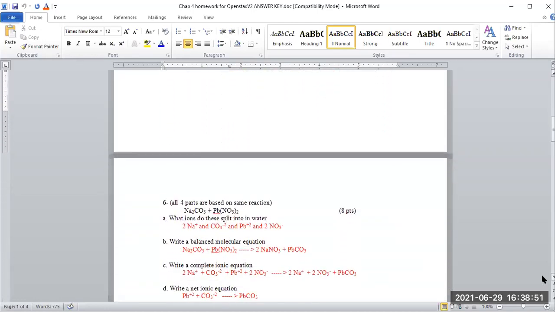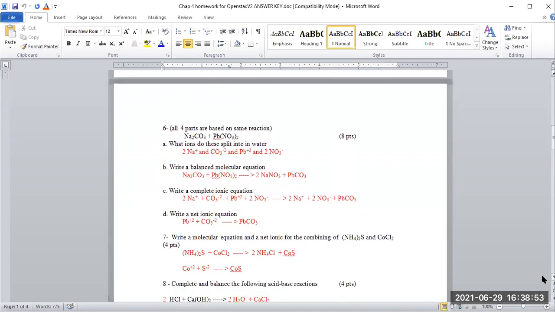All right. Now, number 6, I was trying to lead you through the steps. The first one asks, what are the ions? When you drop sodium carbonate into water, along with lead 2 nitrate, what pieces do you actually have available? Split off your 2 sodiums. So you have 2 positive sodium ions and 1 carbonate, because again, don't split your polyatomics.